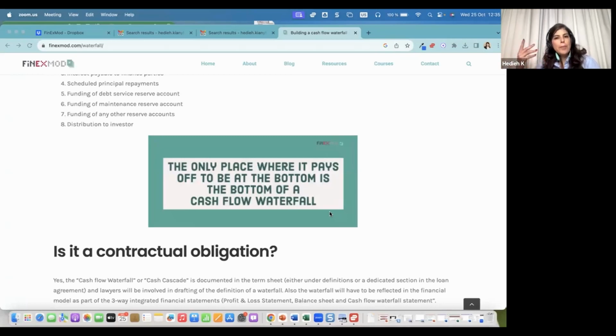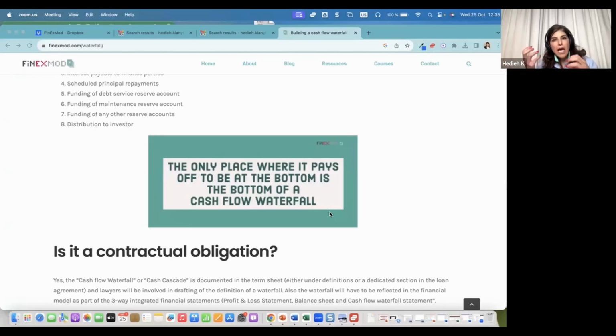However, when you apply a sensitivity, a shock, a down case, that's when the discussion starts about what's going to happen if the base case doesn't happen. If we have a down case, who's going to get the money generated in the project account? Who's going to be the first to get their hands on the cash generated by the project?